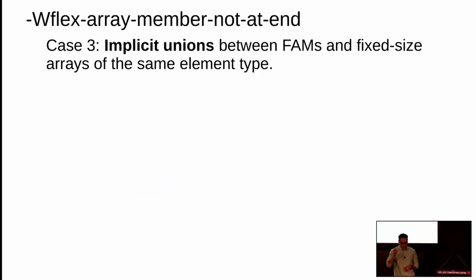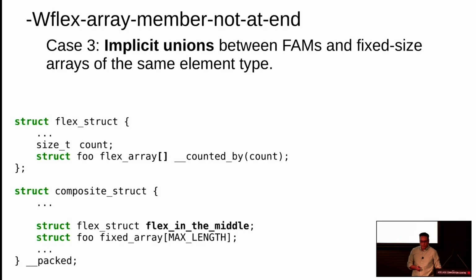Okay, so case 3 is the most complicated. It's a bit complex, but let me try to explain this. What's going on in case 3, what I discovered, is that we sometimes have implicit unions between a flexible array member and a fixed size array, where the type of the fixed size array is going to be the same type as the flexible array member, right?